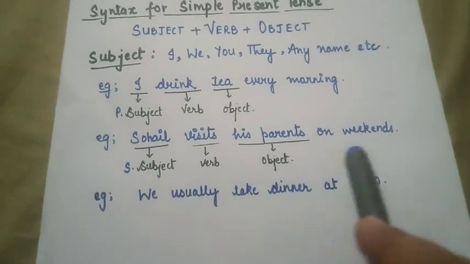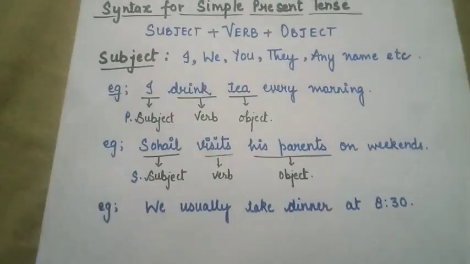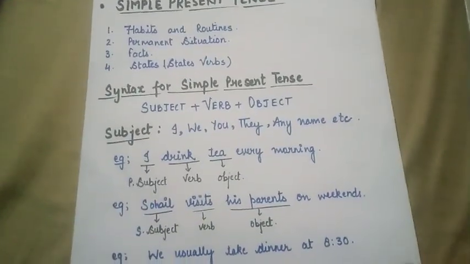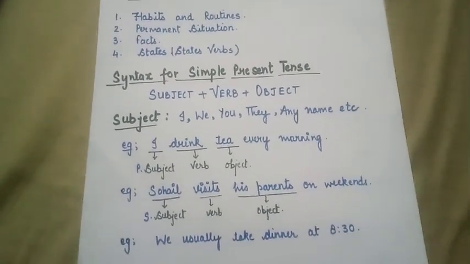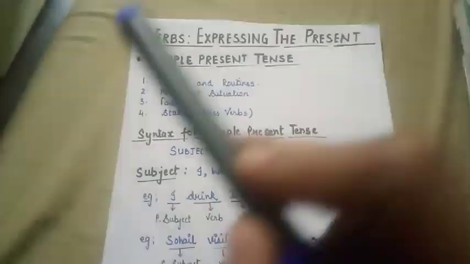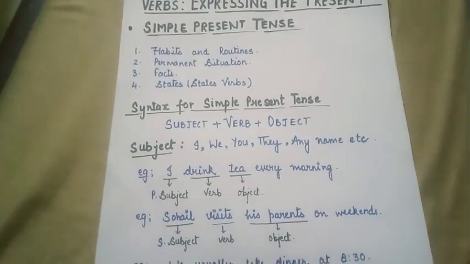Which kind of expression? On weekends, every morning, such kinds of expressions, right? So if we are doing any routine work, which is in our routine, which is our habit, we will use simple present tense. Right, we will use simple present tense.